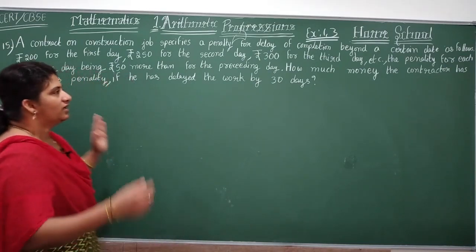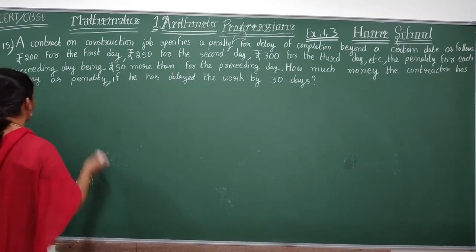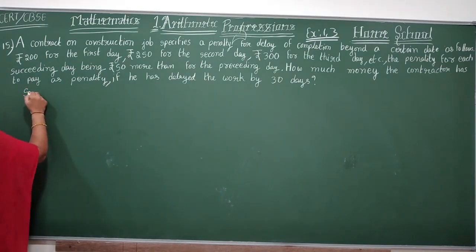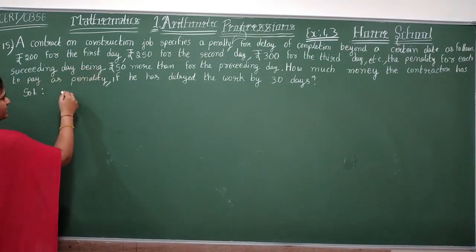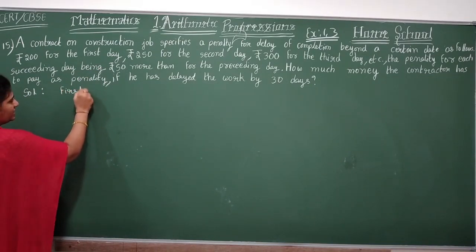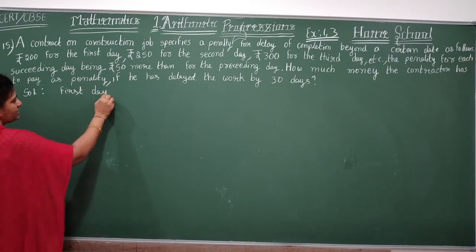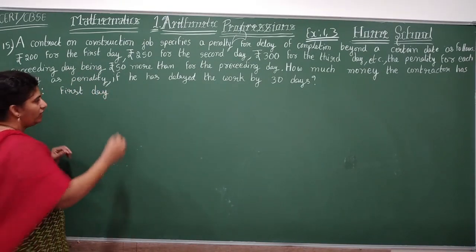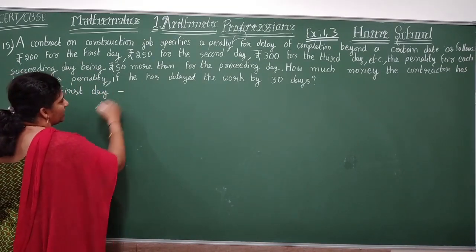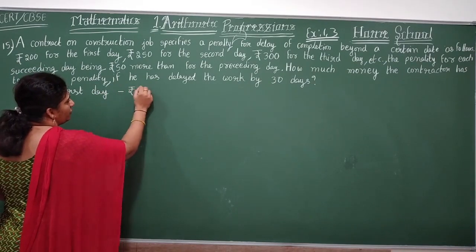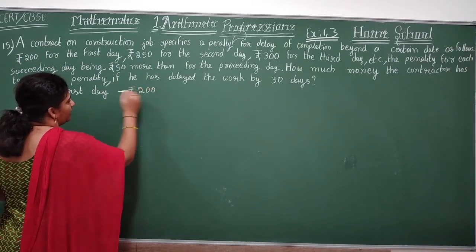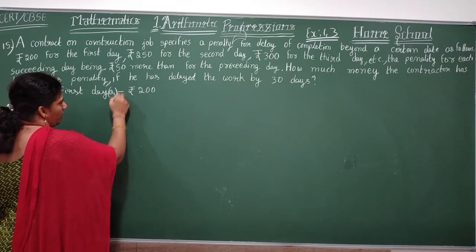So first, let's start our problem like this. For the first day, he has to pay a penalty. First day, how much penalty he has to pay, children? Rupees 200. Let this be A1.